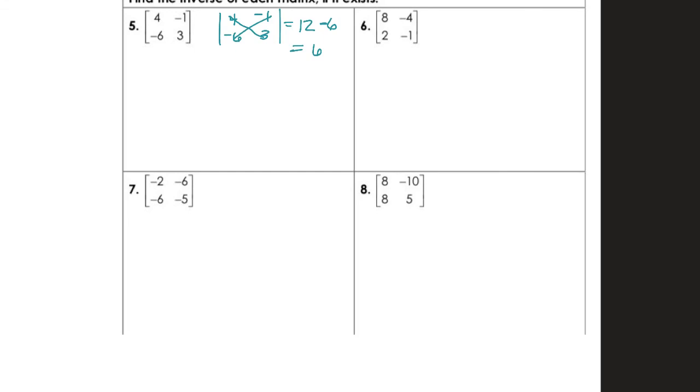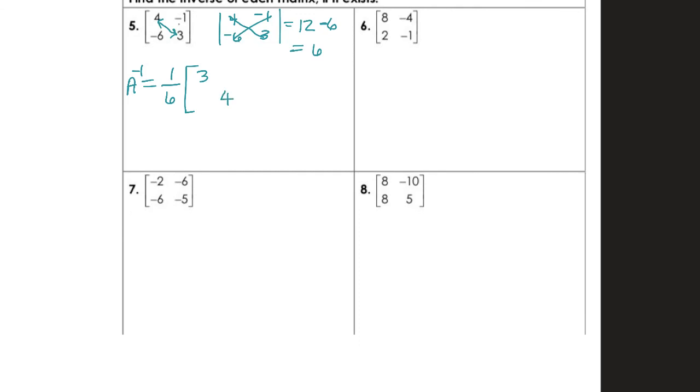So now we're going to say A inverse equals 1 over your determinant, so 1 over 6 times, start your matrix. It is a matrix, not a determinant, so do go back to your brackets. You change places with the first and fourth element, so 3 and 4 are going to change places.